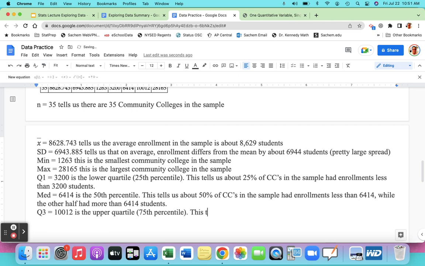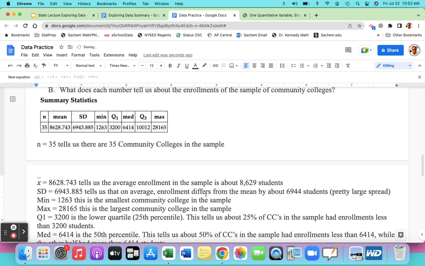Okay, this tells us about 75% of community colleges in the sample had enrollments less than 10,012. So only 25% had higher than 10,012.